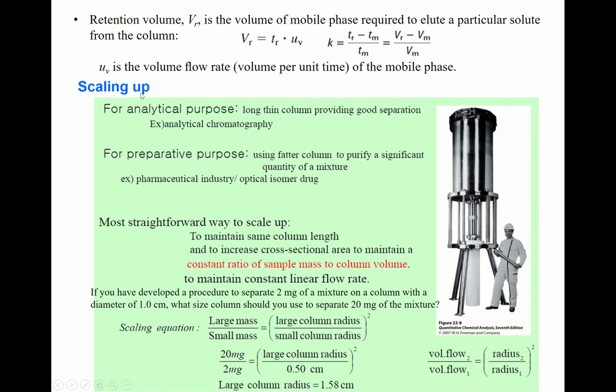And now consider scaling up. What's the scaling up? For analytical purposes, you don't have to scale up the system. For analysis only, you inject a very small amount of your analyte, your mixture, and the small amount passes through the column, and then we detect.